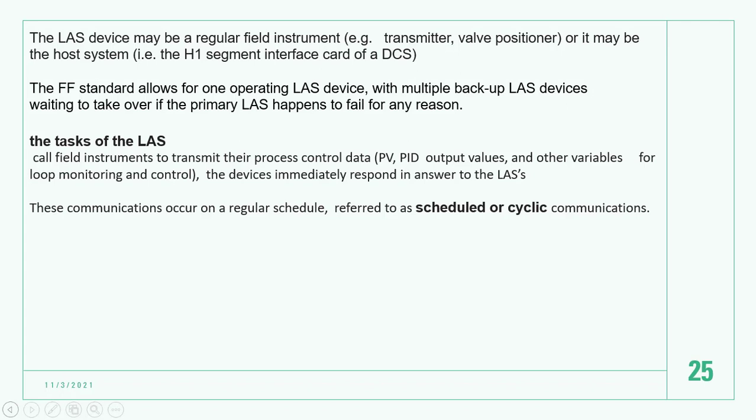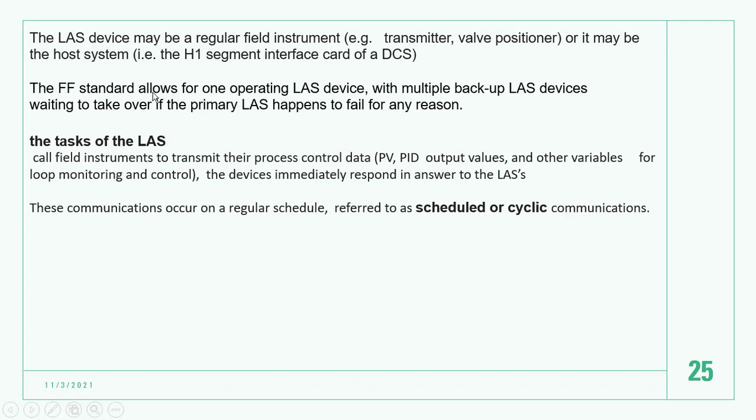The LAS device may be a regular field instrument. It may be the host system, like a DCS with a microprocessor, or another device. For example, the LAS may be in the DCS, or in the field transmitter or valve positioner.